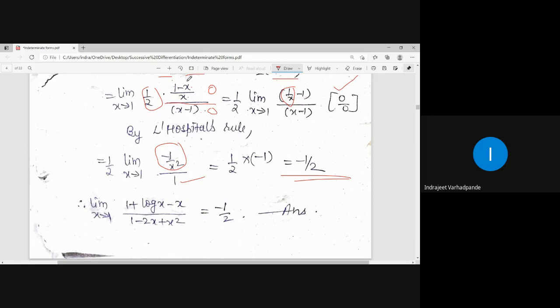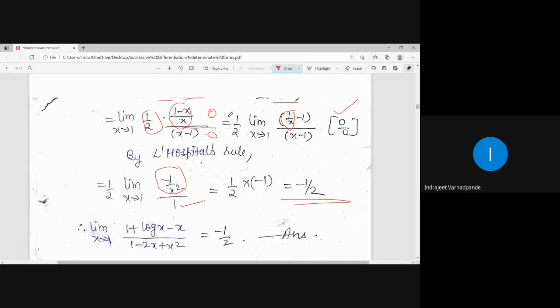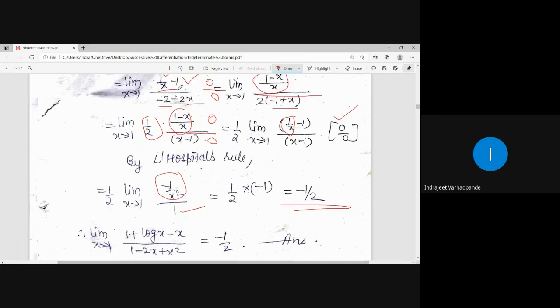See here, though I have written 1 minus x upon x, for the purpose of derivative we will take the term as 1 by x minus 1 because it becomes very easy to take the derivative. Clear? Only the denominator we have simplified.